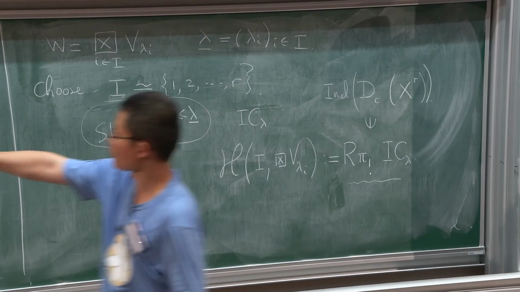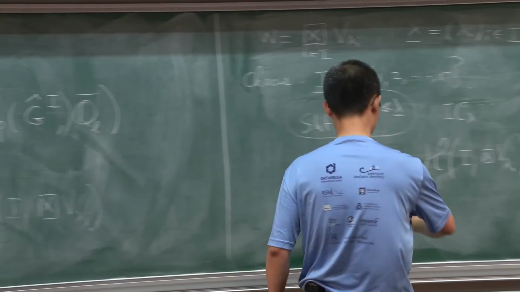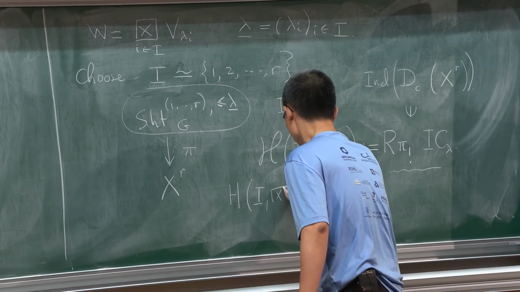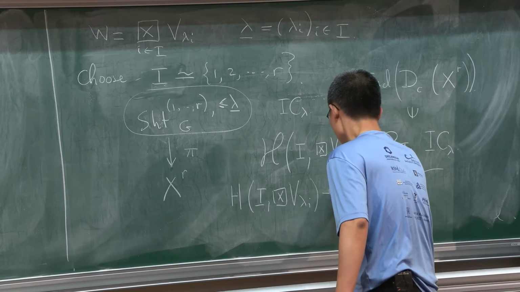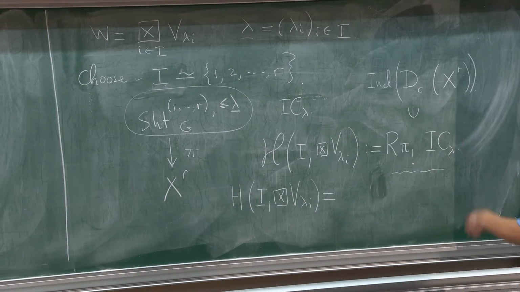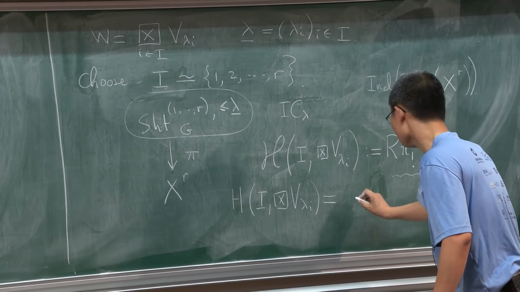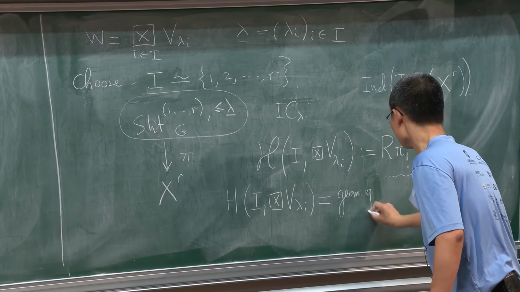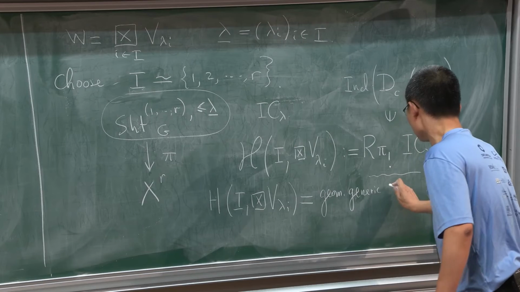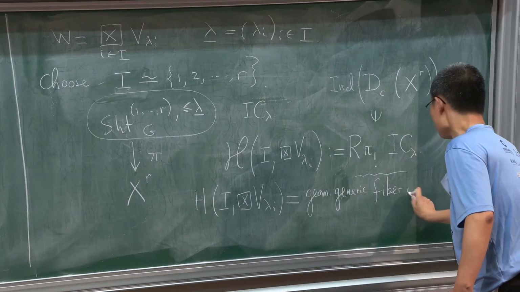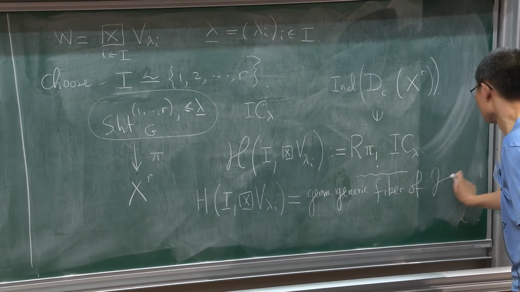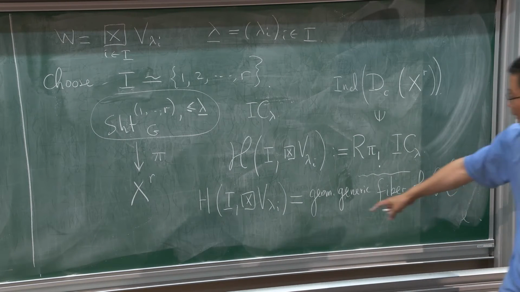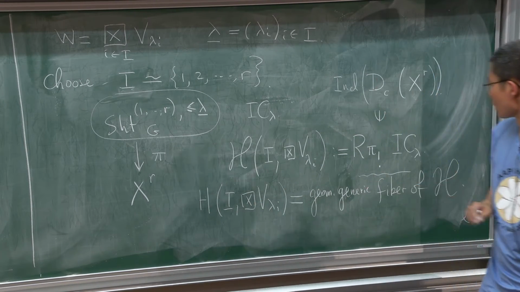And this straight H, again, is the generic fiber, the geometric generic fiber, of this curly H. Okay, the curly H is basically the sheaf, and I restrict to the geometric generic point.